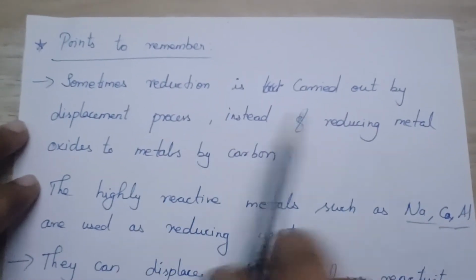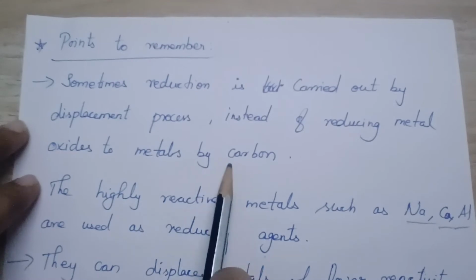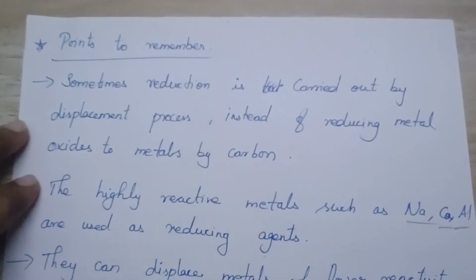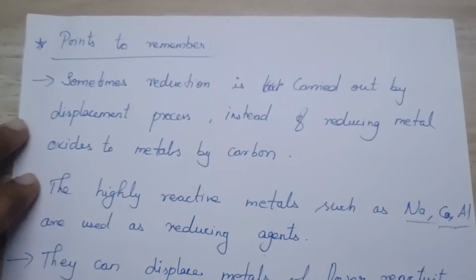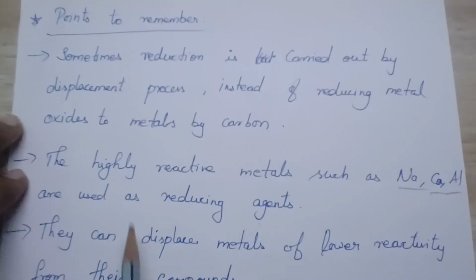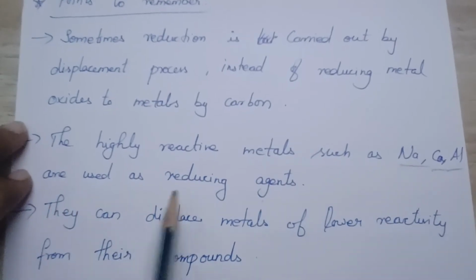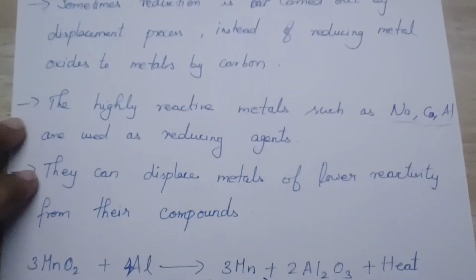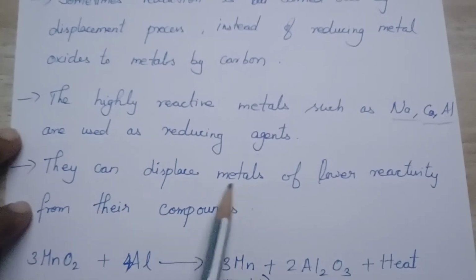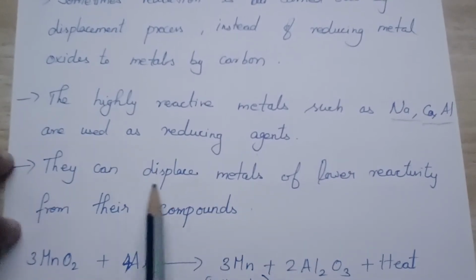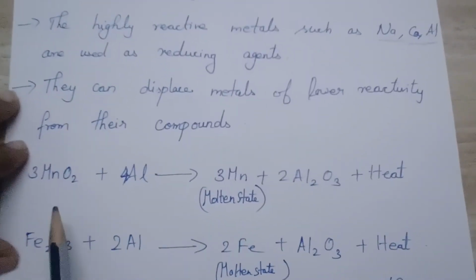Instead of reducing metal oxides to metal by carbon, we reduce metal oxides to metal by highly reactive metals such as sodium, calcium, aluminum. They can displace metals of lower reactivity from their compounds, right?